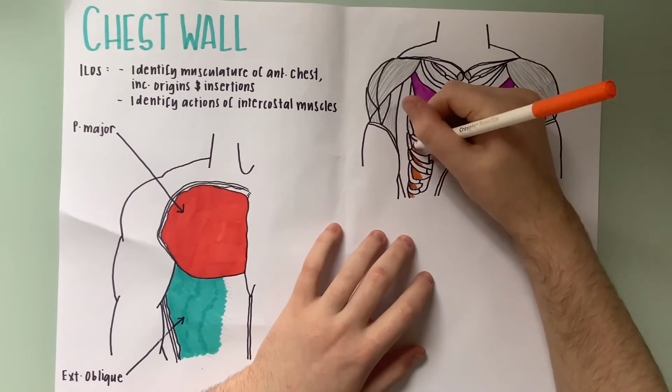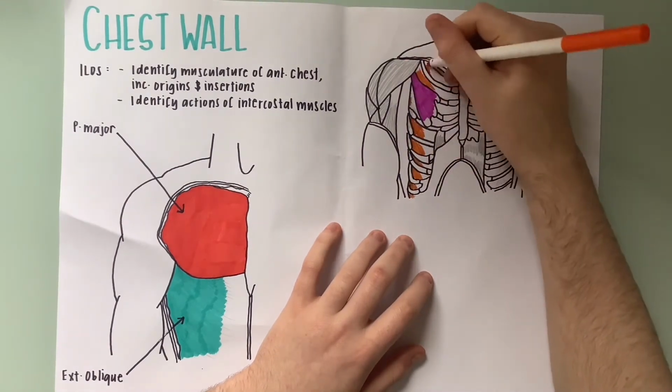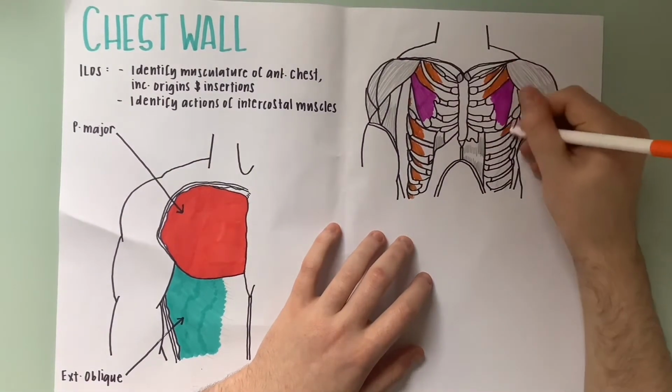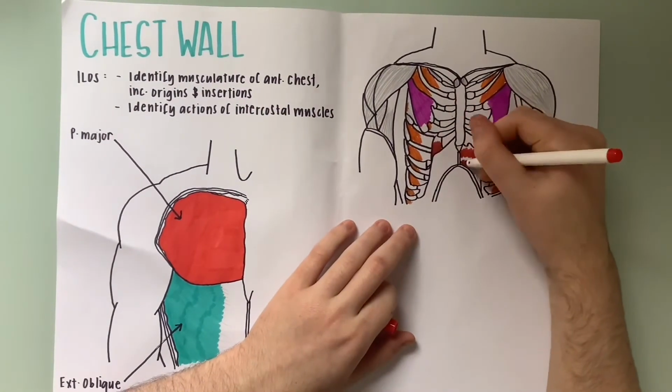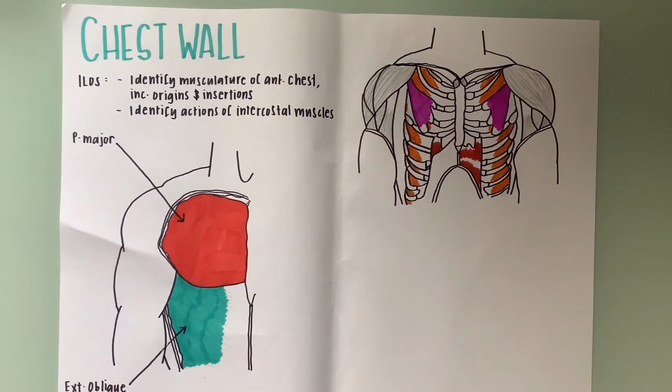And in this orange colour, we can see the external intercostal muscles. These muscles originate from the inferior borders of the 1st to the 11th ribs and insert onto the superior borders of the rib immediately below their origin.